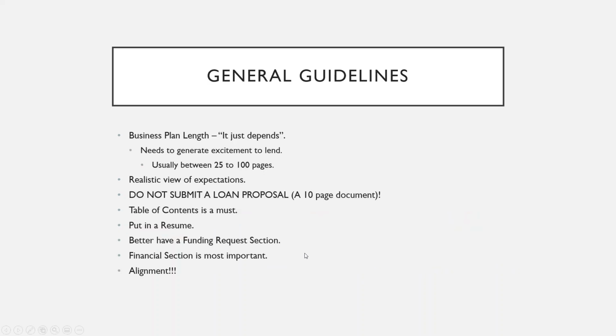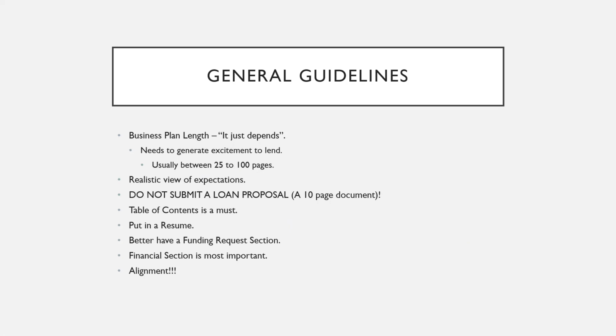All right. So some real general guidelines, real quick. In that document that I just showed you, that web page, the business plan length, they say it really depends. The minimum they're looking for, from what I understand, is they don't want a business plan under 25 pages. If you give them a 25 page or less business plan, they're going to be very skeptical about the content and the work put into it.